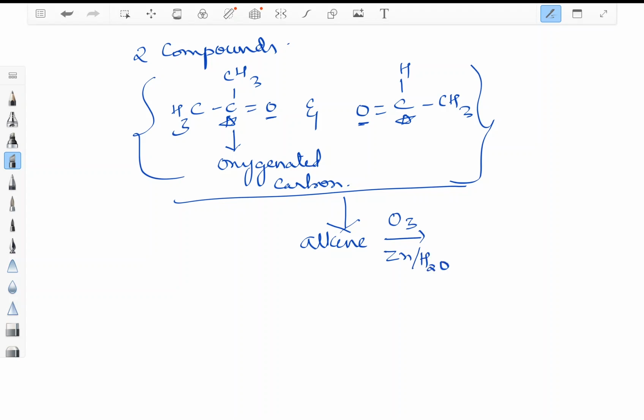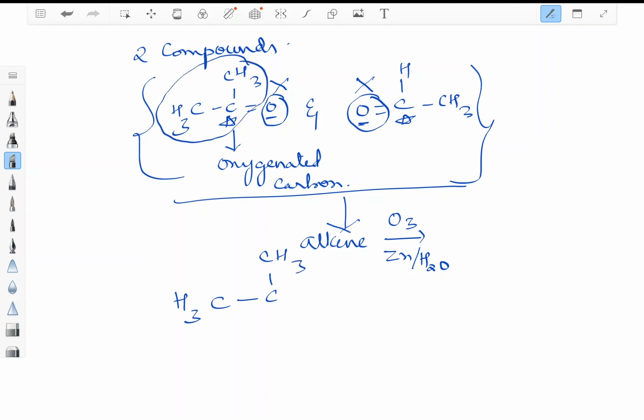What we are going to do is join these 2 carbons by omitting the oxygens, by removing these oxygens, just by joining this compound, that is CH3, CH3. I've taken this part, double bond oxygen is removed and oxygen is removed.